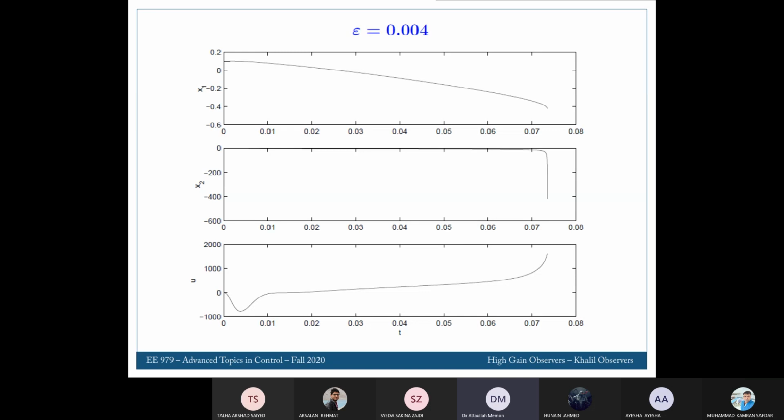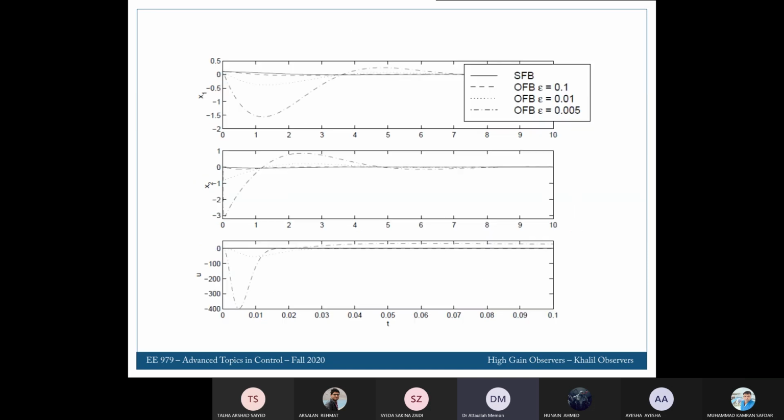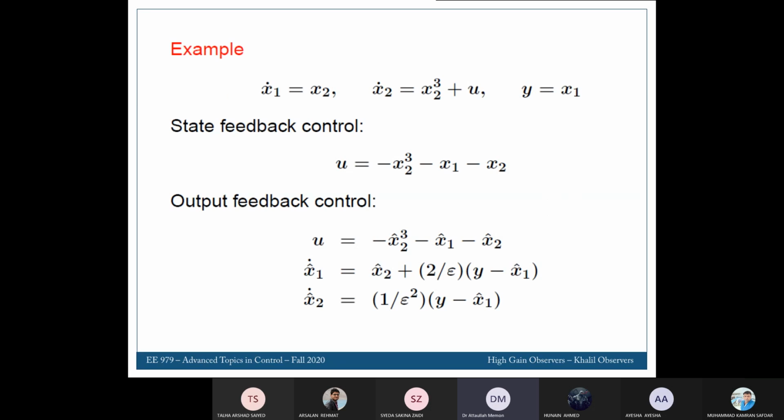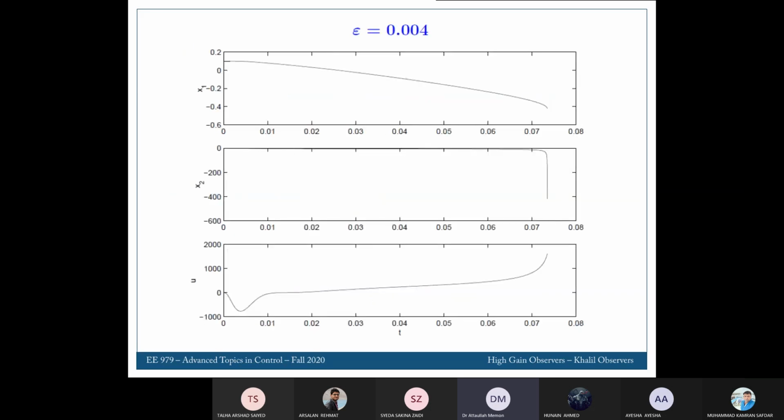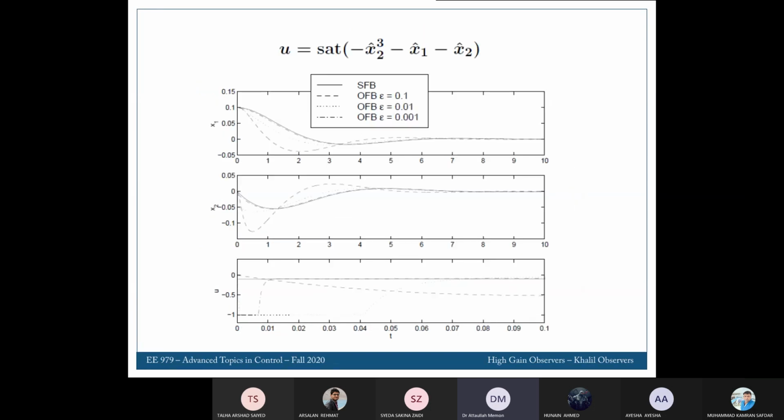Now, interestingly, the choice of initial condition in this particular problem renders this system to attain a finite escape time. So this is very interesting. We can avoid this by saturating the control.